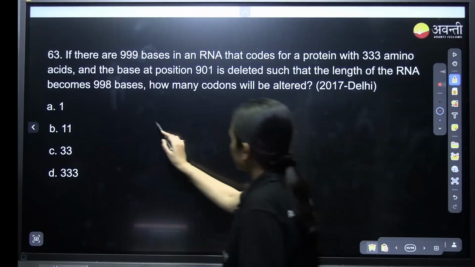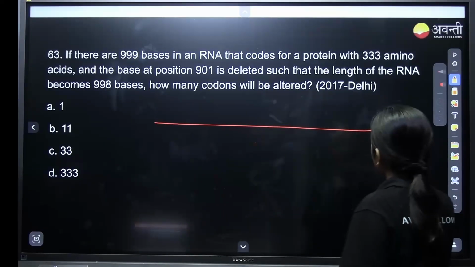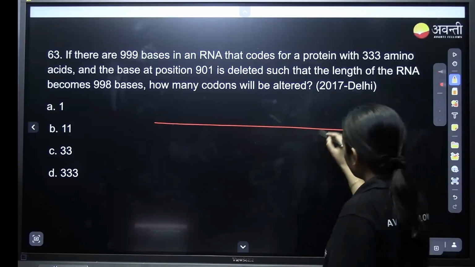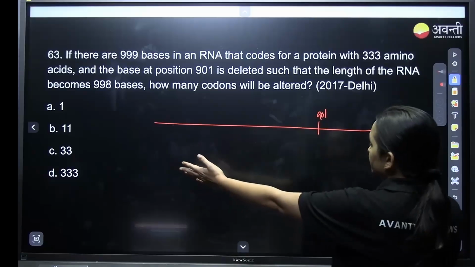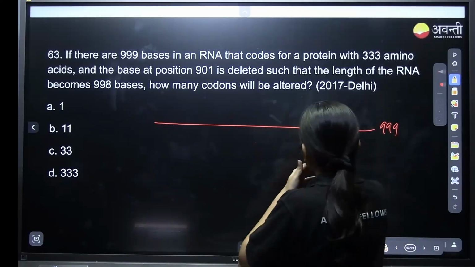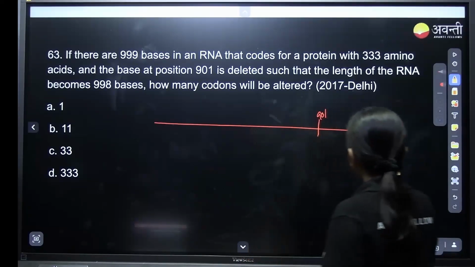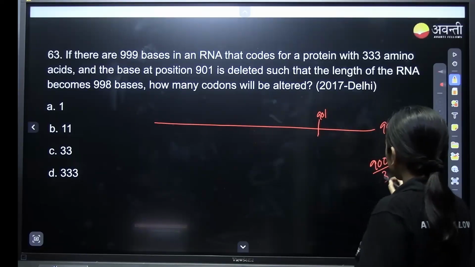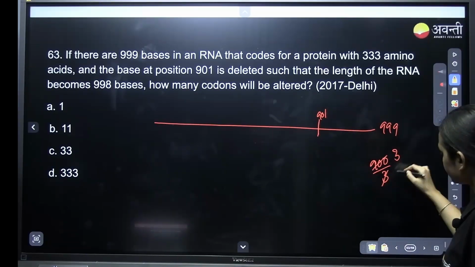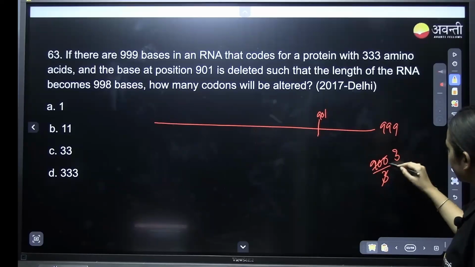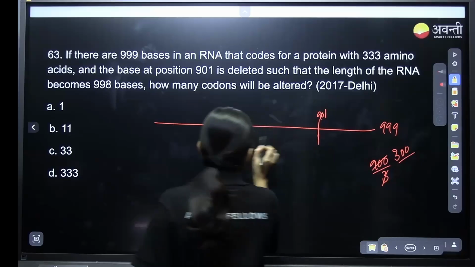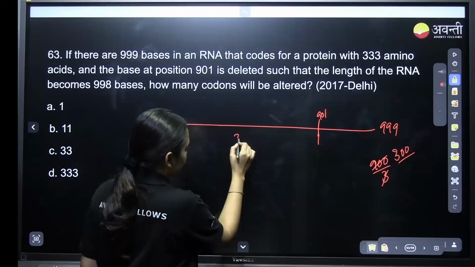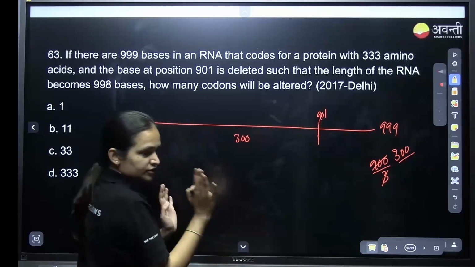So it was 999. Here 901, which means it was coding around 333. Till 900, 900 divided by 3, how much? So it is 300 codons. Up to here it is fine. The 300 amino acids have no change.